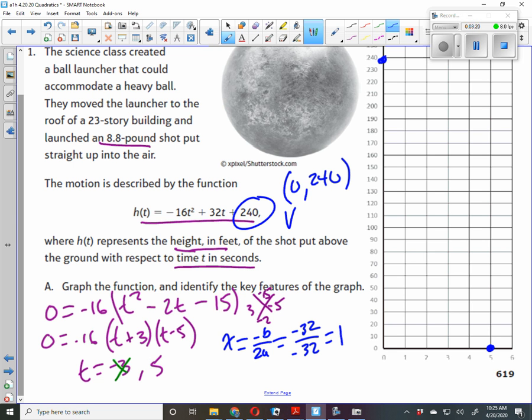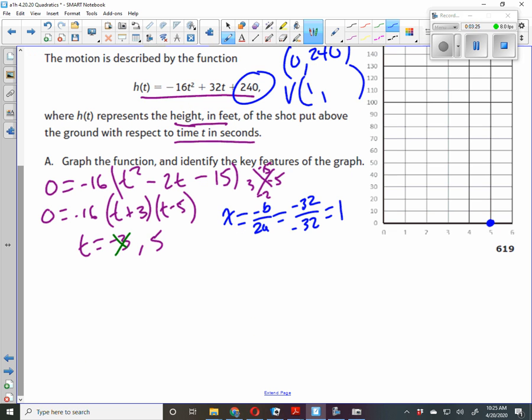That means my vertex is at 1 comma something, and we're going to plug that in and see what we get when f of 1 is equal to negative 16 times 1 plus 32 times 1 plus 240. Those ones are somewhat irrelevant. Using your calculator, hopefully you'll end up with 256 feet.